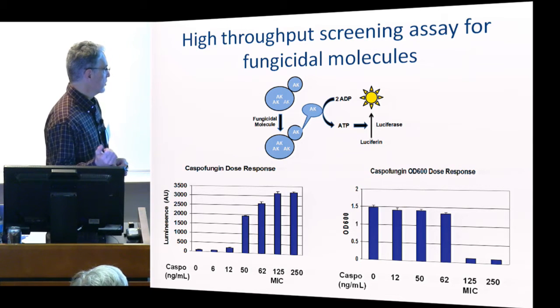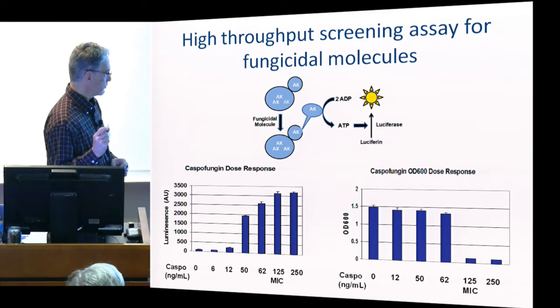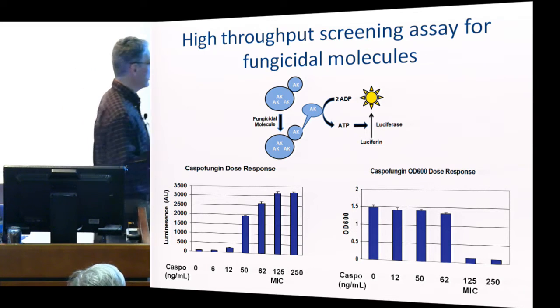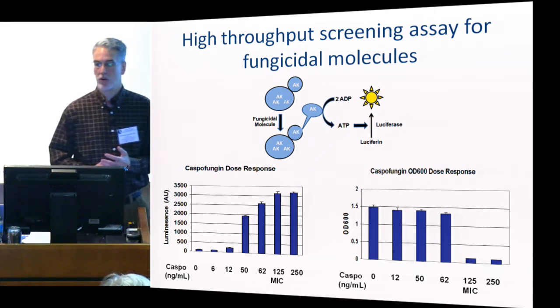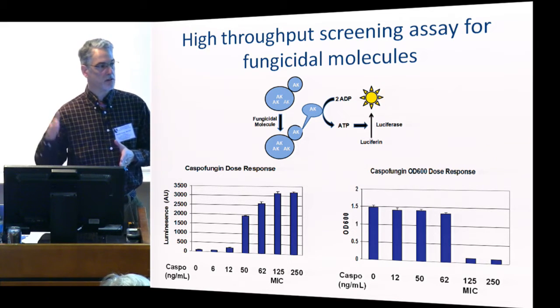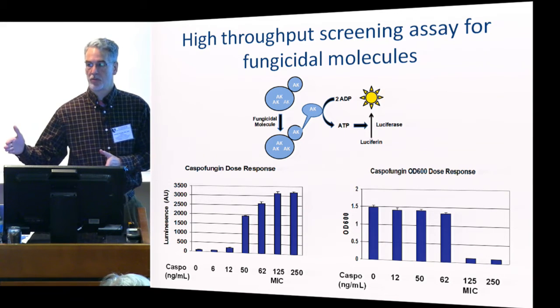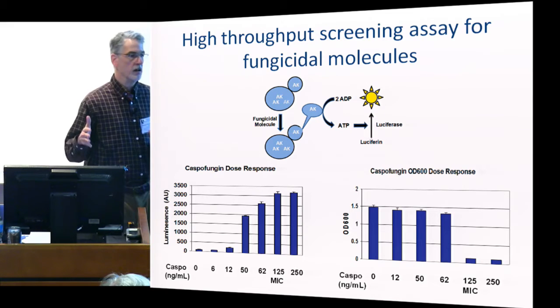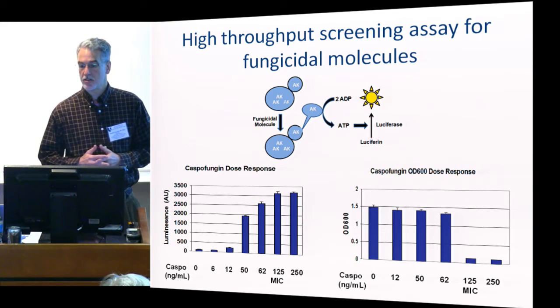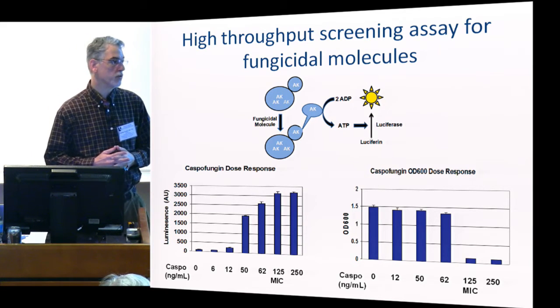When you use our assay to find your detection limit, we see statistically significant signal at 12 nanograms per mil. Whereas if you do a standard endpoint growth assay, which has sort of been the de rigueur assay for antifungal drug discovery, you don't see any changes that you can detect until you get to 125 nanograms.